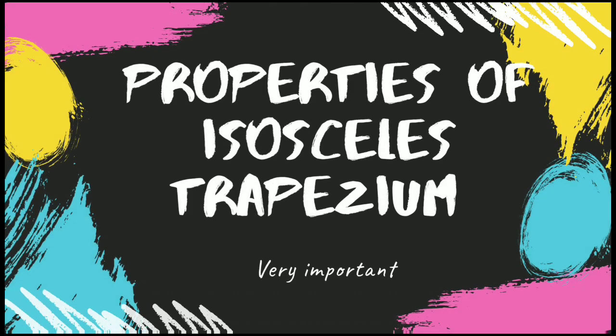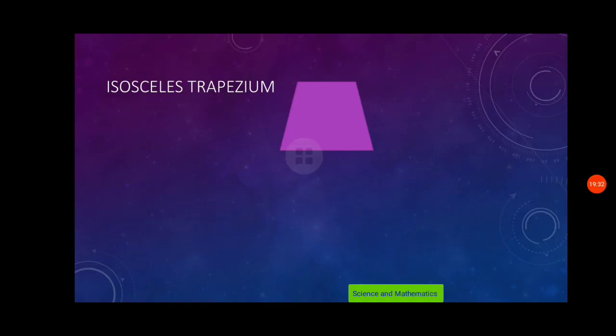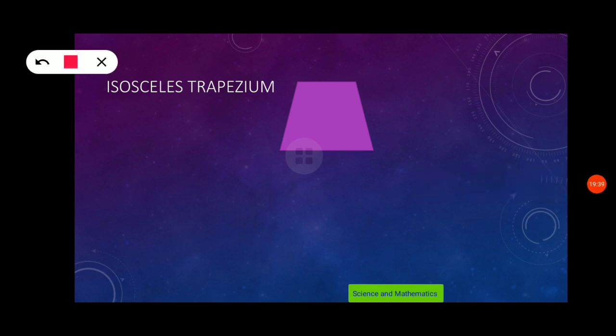Now here comes our isosceles trapezium. It is a trapezium in which the non-parallel sides are equal. These are the parallel sides, and this side and this side are the non-parallel sides. So in an isosceles trapezium, the non-parallel sides are equal.